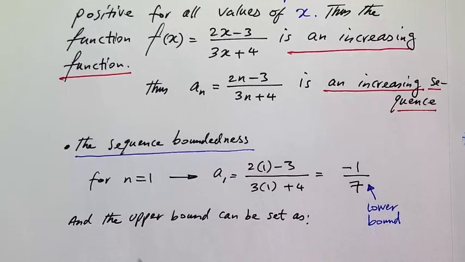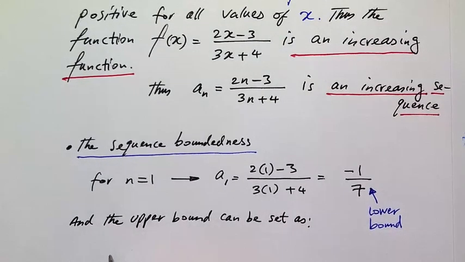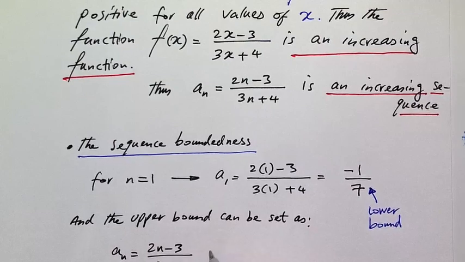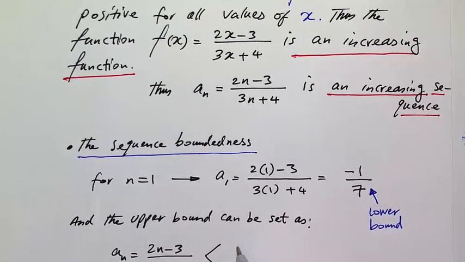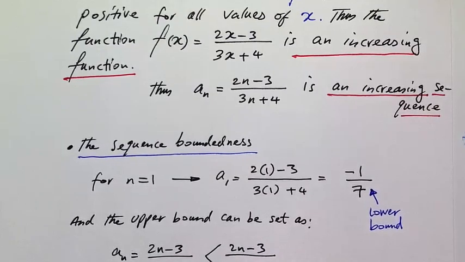We can set that as, let's say, the sequence an equals 2n minus 3 divided by 3n plus 4. We can say that this is less than 2n minus 3 divided by just 3n, right?